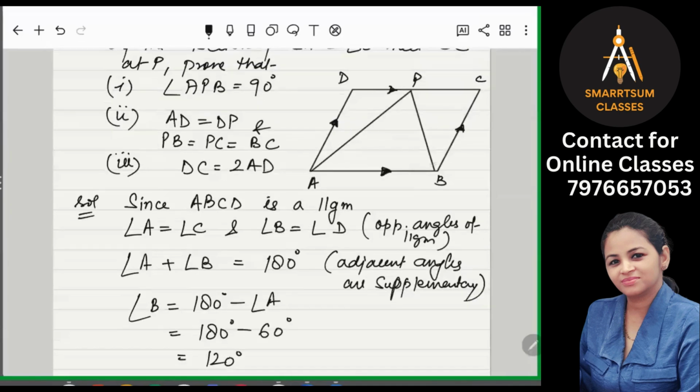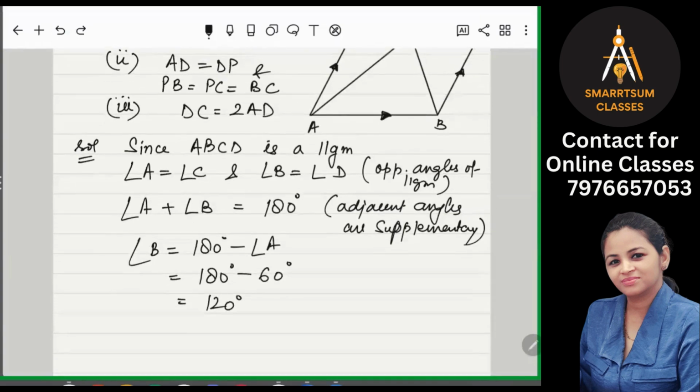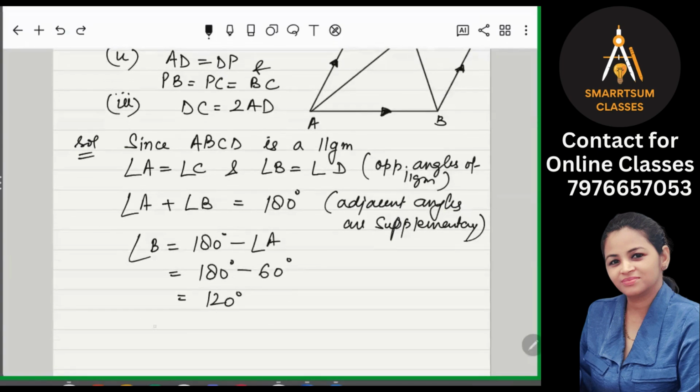So this angle will be 120 degrees. So angle A is 60 degrees, angle B is 120 degrees. Now, since angle A and angle C are equal, similarly angle B and angle D will be equal. Angle B and angle D will be 120 degrees.